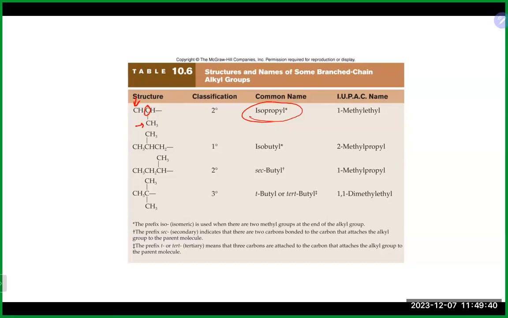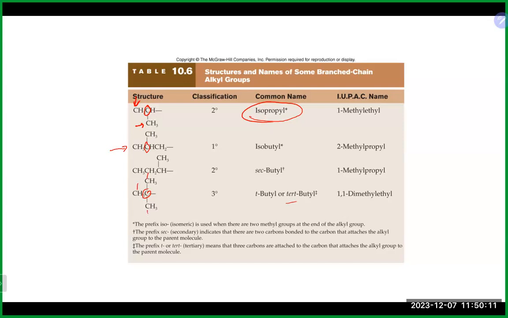which makes it a secondary carbon, and that's isopropyl. We also have an isobutyl group as well. There's 4 total carbons in this group, which is why it's based off of butane, but the attachment here is coming through a secondary carbon there in the middle, which gives it our isobutyl. Sec-butyl as well. And then also T-butyl, which is tertiary, and that is attached to our tertiary carbon here, which is basically the carbon that's attached directly to 3 carbons.